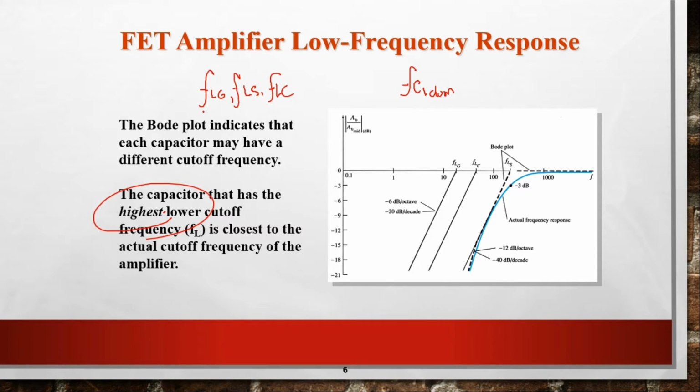Kasi bawat frequency na yan, FLG, FLS, FLC, nagdudulot ng certain roll-off or yung pagbaba. So, ang pipiliin natin is yung pinakamataas again. Okay? On this diagram, ang meron dyan ay FLS. So, hindi naman laging FLS yung pinakamataas. So, this is for just visualization.